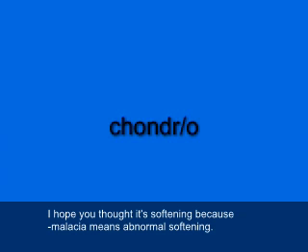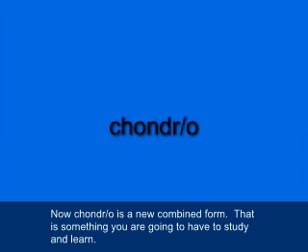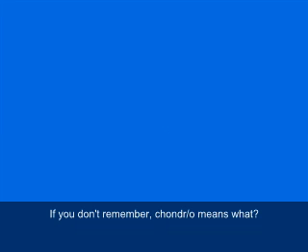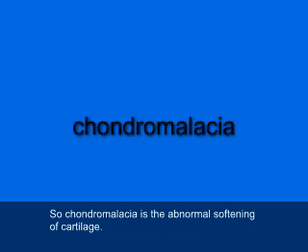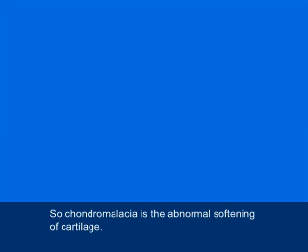Now, chondro is a new combining form, and that's something you're going to have to study and learn. And if you don't remember, chondro means what? It means cartilage. Okay, so chondromalacia is going to be the abnormal softening of cartilage.